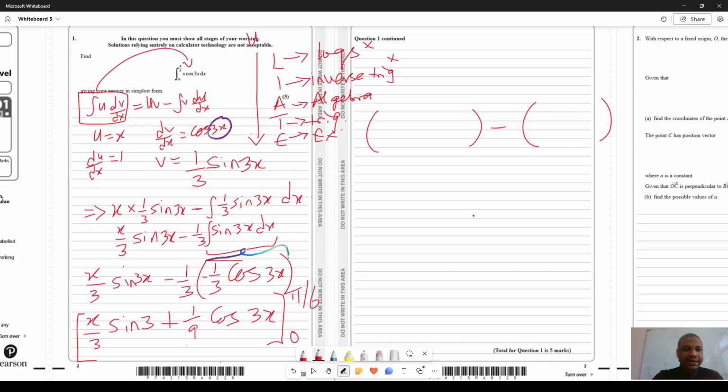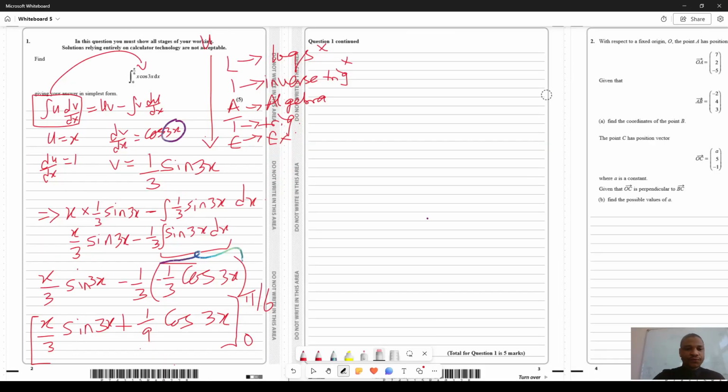If I substitute pi by 6 there, that will be pi by 18 times sine of 3 pi by 6, plus 1 by 9 cos 3 pi by 6, minus the other bracket where I put 0.